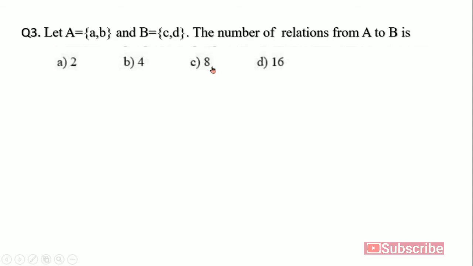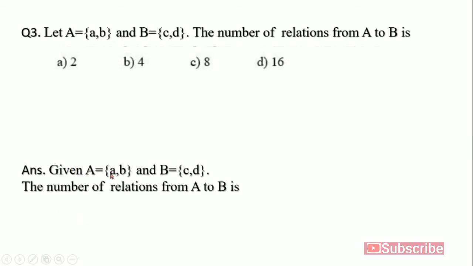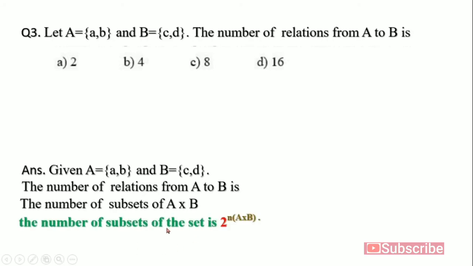So let us proceed to find the number of relations. Now given A is equal to {a, b} and B is equal to {c, d}, the number of relations from A to B is actually number of subsets of A cross B. That is what we understood so far. Now number of subsets of the set is 2 to the power n(A cross B). That means, following the formula, 2 to the power P, isn't it?